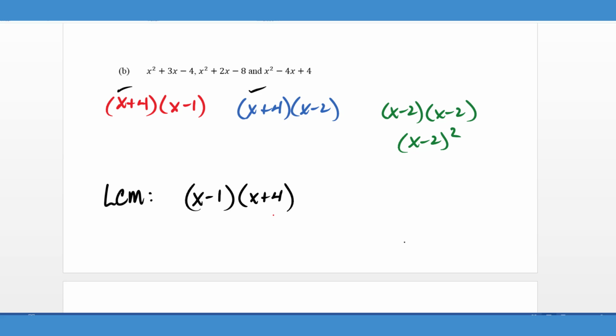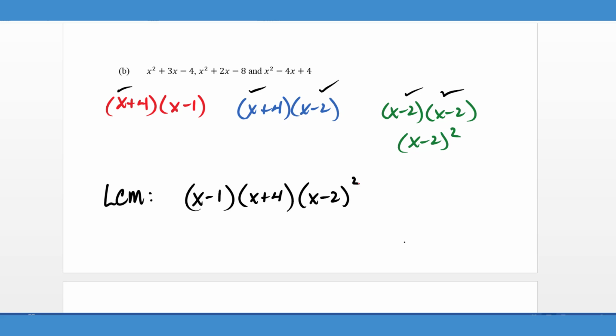And then you notice that we have x minus 2. Here we have it twice, so our greatest power of x minus 2 is x minus 2 squared. So we actually have to count both of those from our prime factorization, and that's ultimately what you did here with some prime factorization. So that would be x minus 2 squared, and that would be our least common multiple between these polynomial functions.